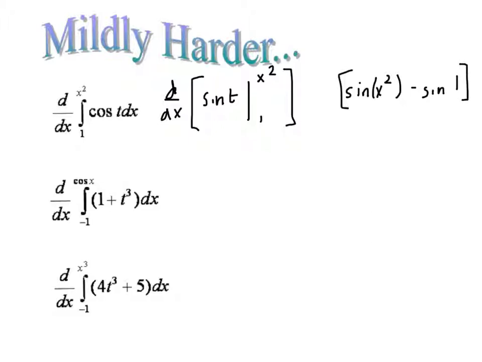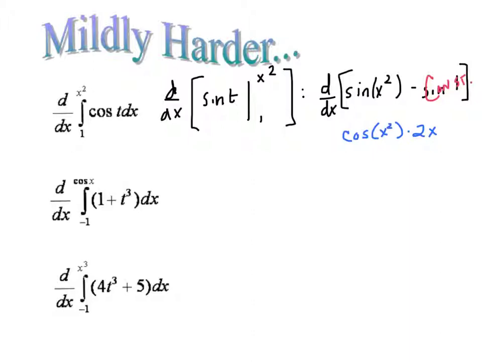Remember, I'm going to take the derivative of that, so I better write that out front. Well, sine of 1 is once again a constant, so the derivative of that will be 0. The derivative of sine of x squared, though, we're going to have the cosine of x squared multiplied by 2x.